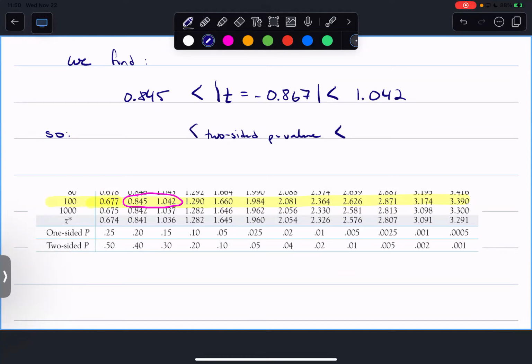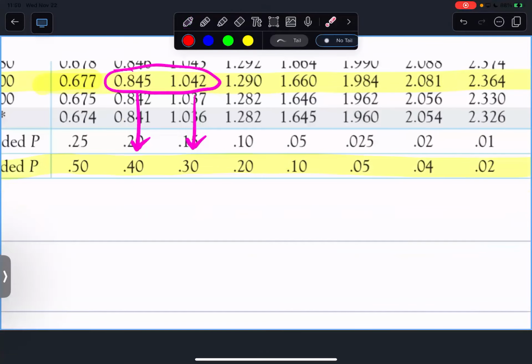So the two-sided p-value is going to be between two values. So going down here, I'm deciding I want a two-sided p. So then my p-value is going to be somewhere between 0.3 and 0.4. Remembering to read or write them from right to left because they're decreasing as you move out further into the tail. Your T is increasing as you move across the page, but that means that the area in the tail is decreasing.